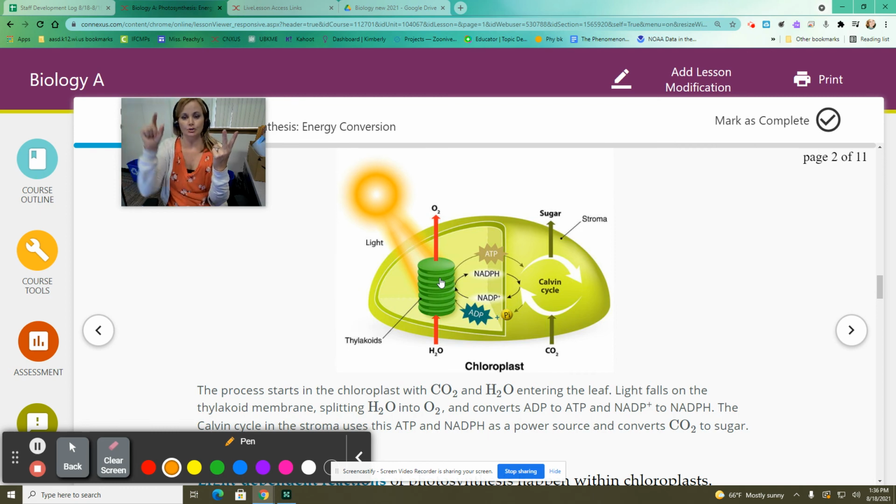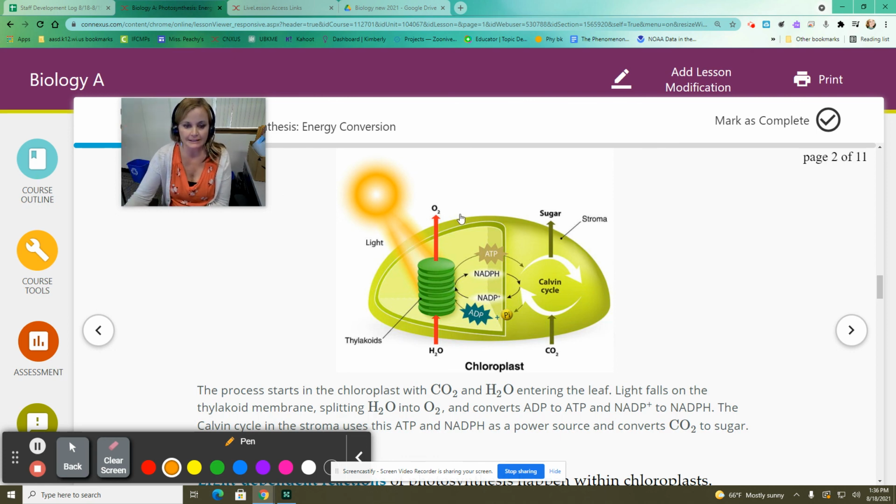They move to the stroma, where the hydrogen and the energy that they're carrying is used along with the carbon dioxide to make sugar, and then they're reduced back to ADP and NADP plus, and cycled back to the thylakoid to start all over again. Hopefully it makes sense. It's kind of a big cycle.